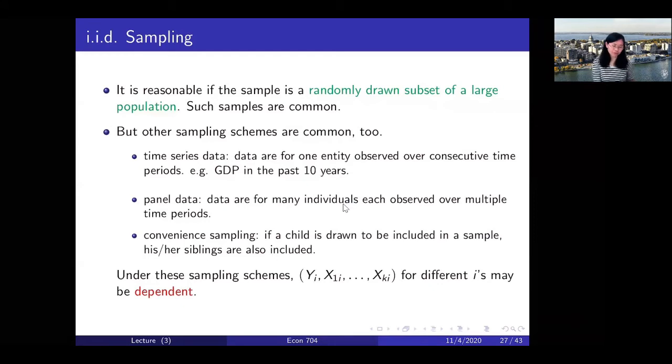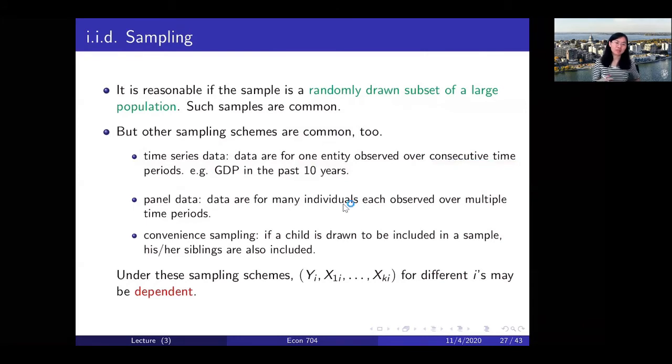But I also want to say that other sampling schemes exist and are actually very common as well. For example, time series data, in which the data are composed of observations for one entity, one individual, or one country over different time periods.